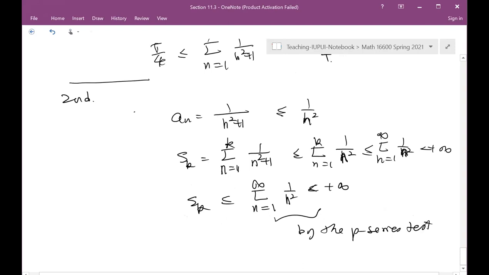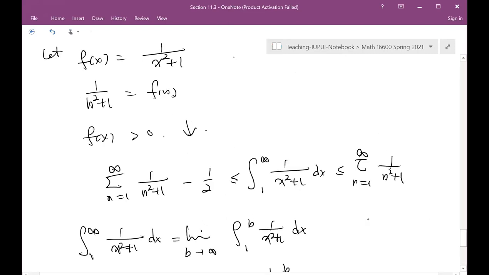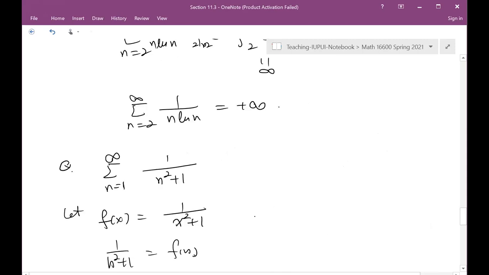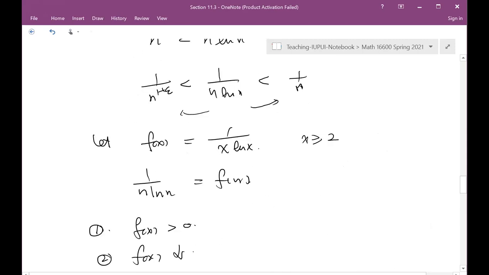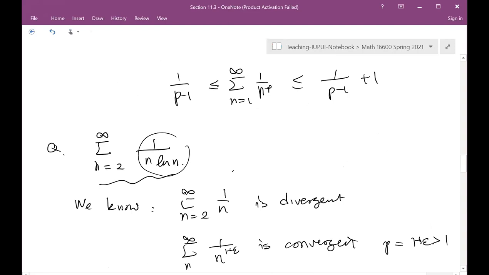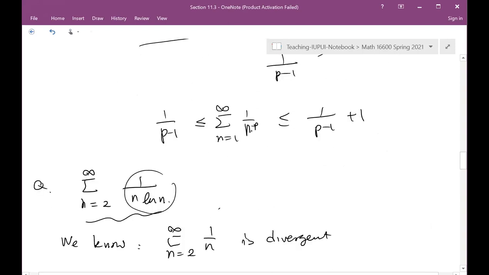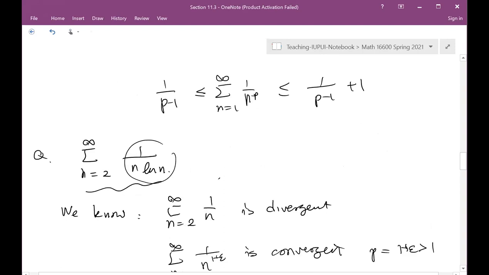And I can even give you the upper bound. Do we remember? We already did this. Let's go back. Yeah, it's here. So when p equals 2, it's actually less than 2.